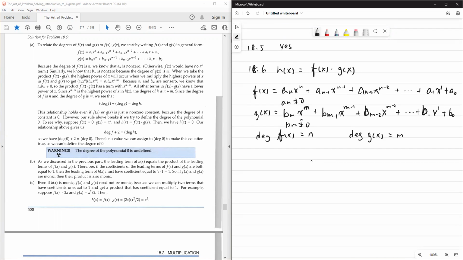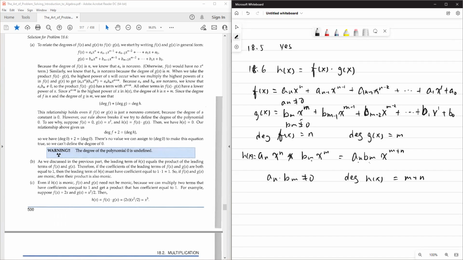So when we multiply the two together, we'll at least have this term, a_n x^n multiplied by b_m x^m, which gives you a_n b_m x^(m+n). Because neither of these is 0, a_n multiplied by b_m is not 0. So the degree of h of x is therefore m plus n.